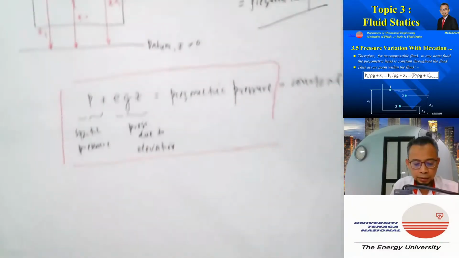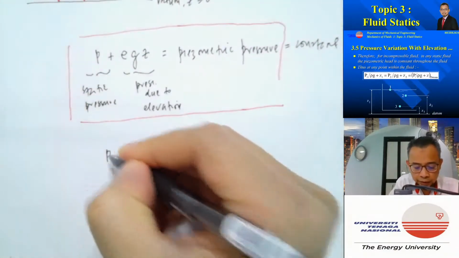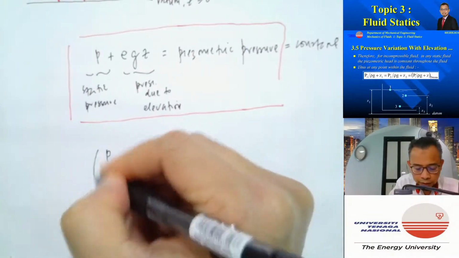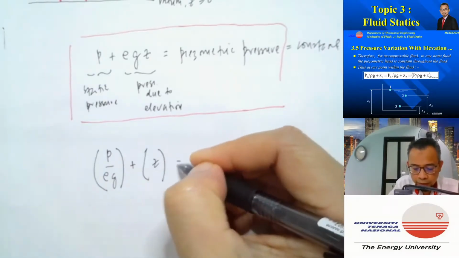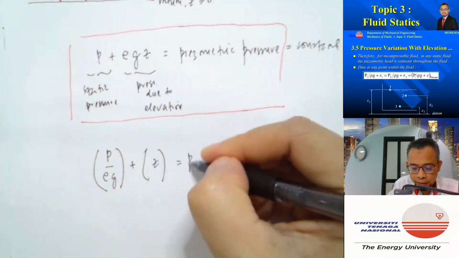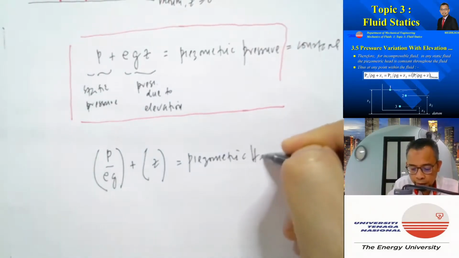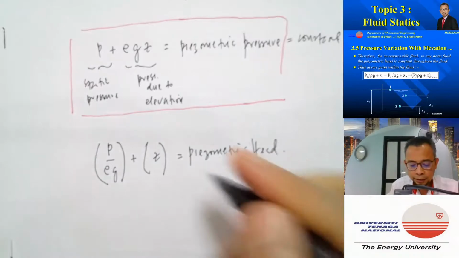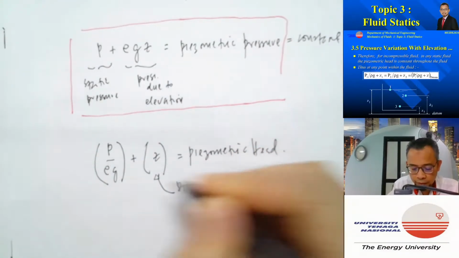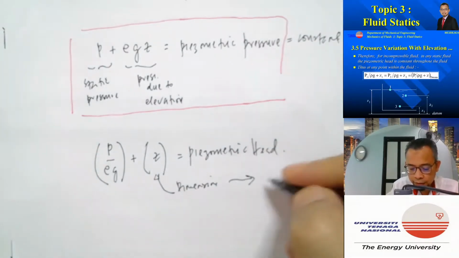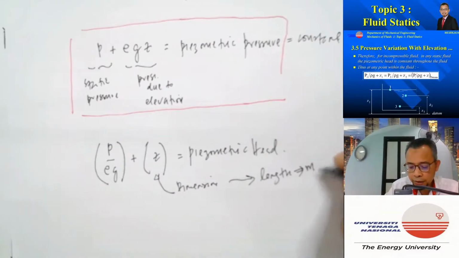If we divide everything by rho g, what we will get is P over rho g plus Z must be equal to piezometric head. You notice that the dimensions now of all of this is actually length, and the unit is meter.